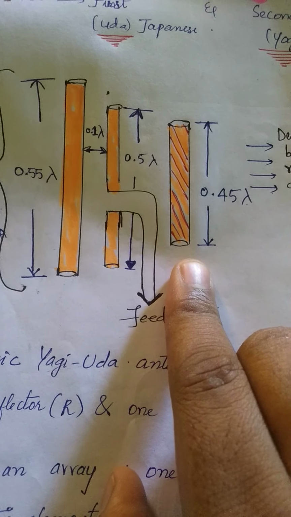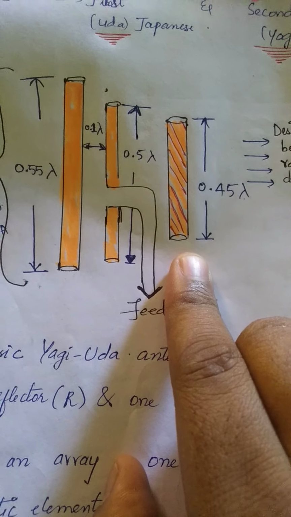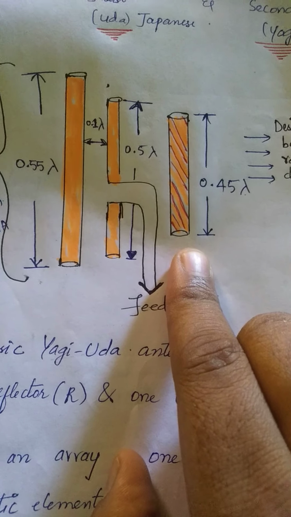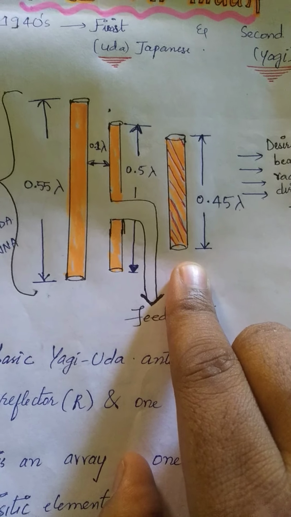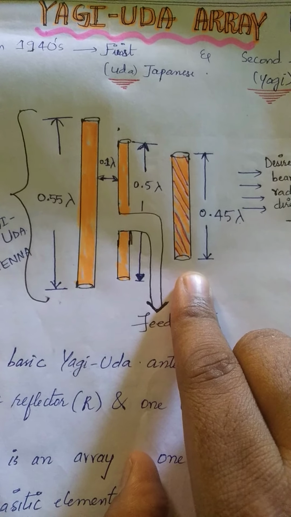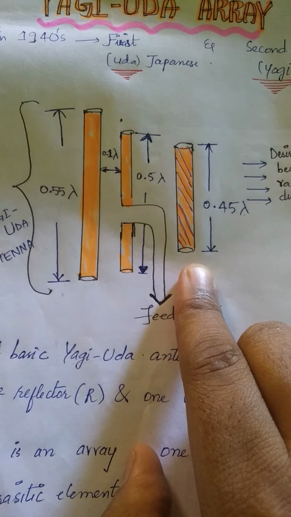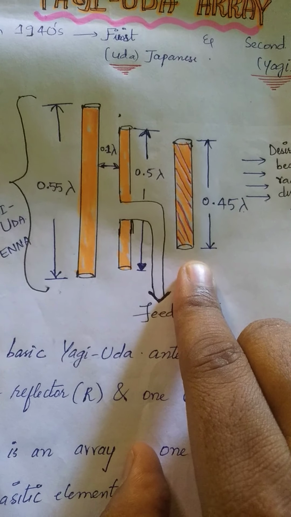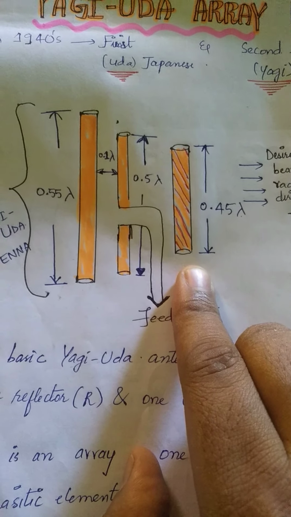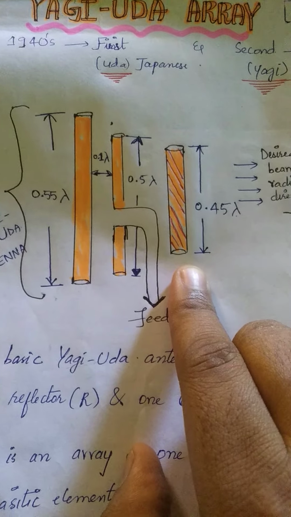Because of all these characteristics, and because of this dimension adjustment and designing, we can conclude that the Yagi-Uda array is an easily obtained high gain antenna, it is lower in cost, and it will provide maximum gain.